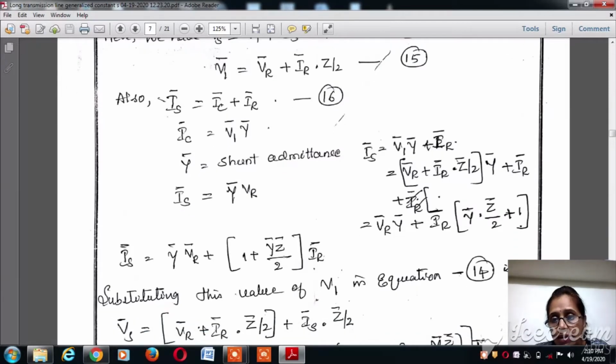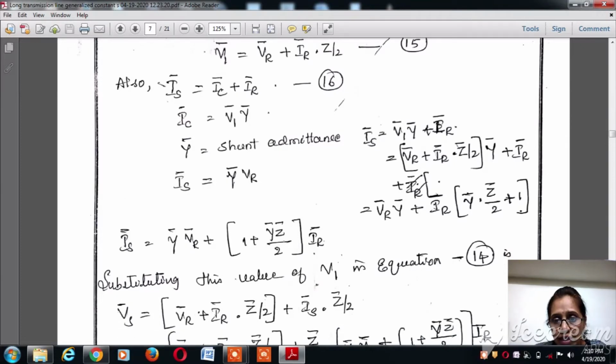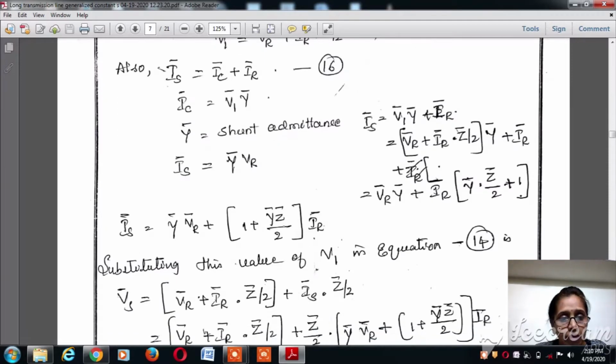Here V1 is equal to VR plus IR into Z divided by 2, into admittance, plus IR. Now simplify the equation: VR into Y plus IR, where IR is common between these two terms, so IR into Y into Z divided by 2 plus 1.